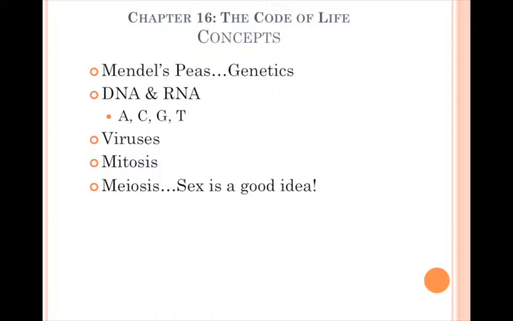Meiosis is reproduction with sex, and this is where one cell, and these are cells that are only in the reproductive organs, reproduces. One cell divides into 4 daughter cells, which have half of the DNA from the parent cell.